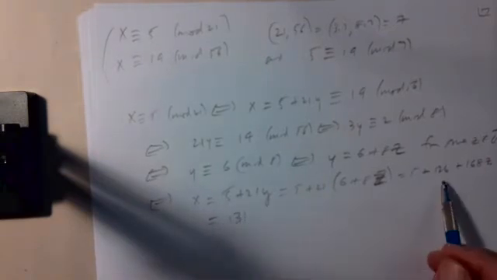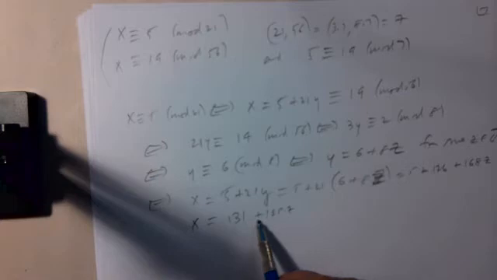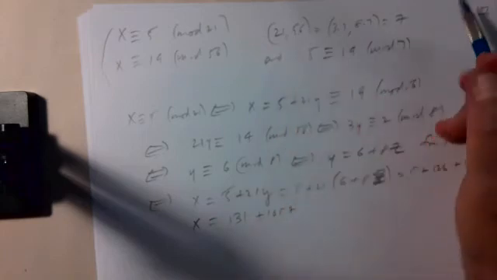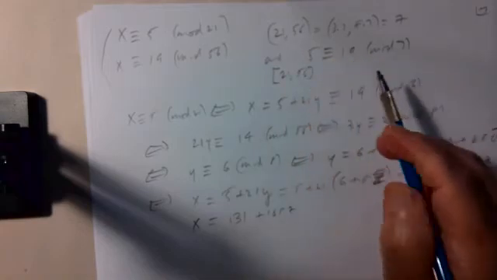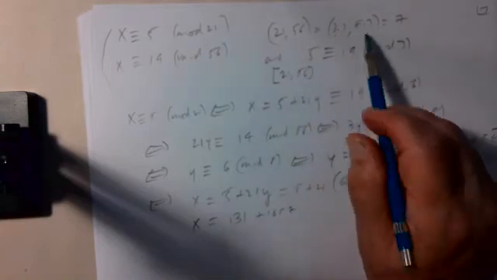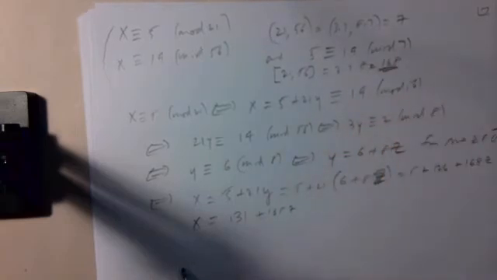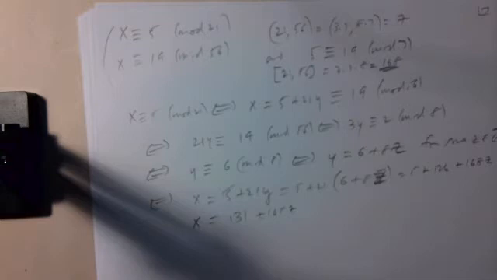Which is 131 plus 168z. Notice that for 21 and 56, the least common multiple has to be divisible by 3 times 7 times 8, which is 168. So the set of all solutions of the system of congruences is all x congruent to 131 mod 168.